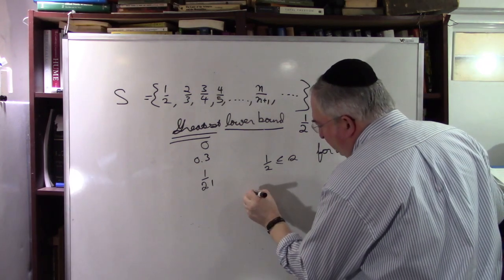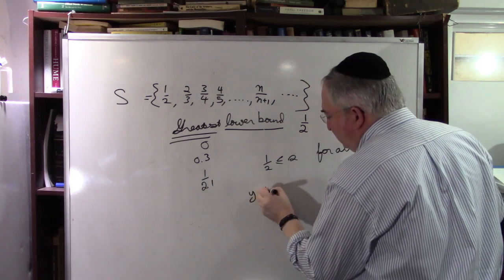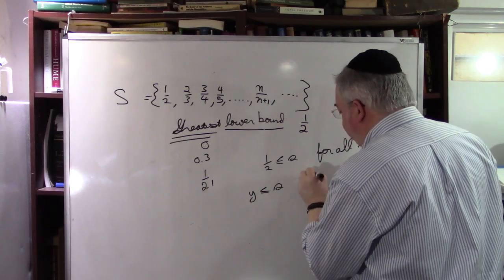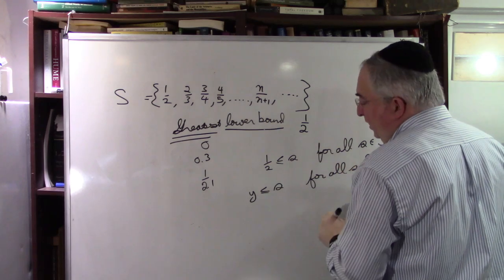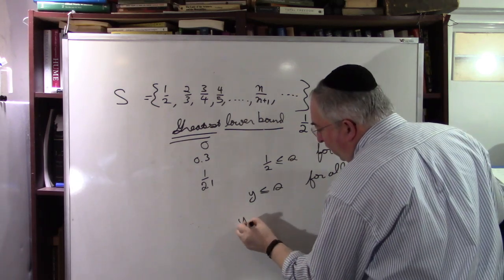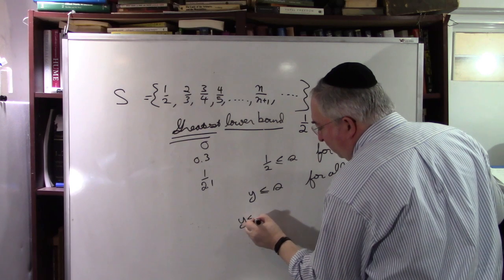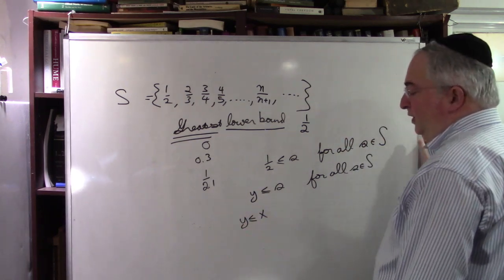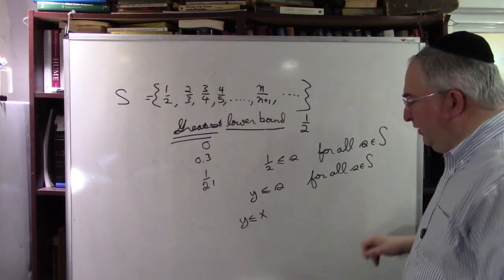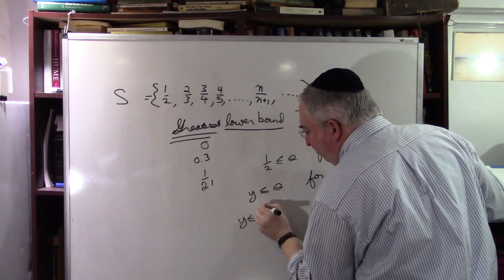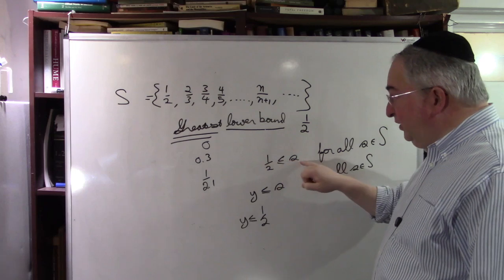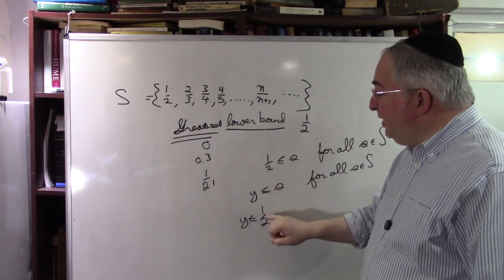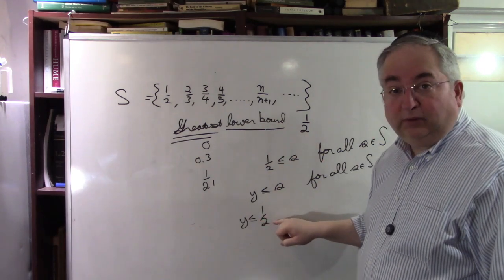And if any other Y is less than or equal to S for all S member of S, then what do we have? Y is less than or equal to a half. Okay, so a half is less than everything else. It's a lower bound, but it's the greatest lower bound.